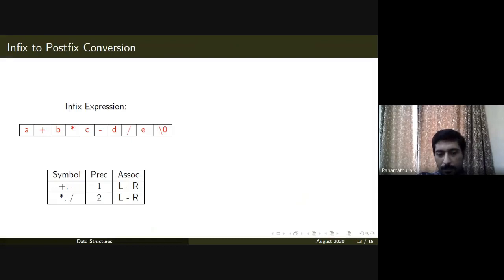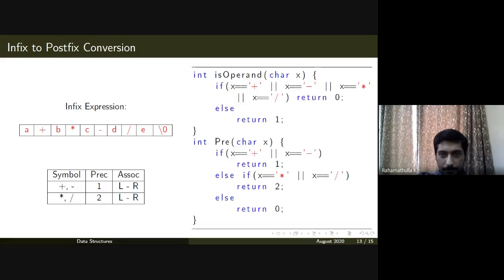Next, we'll see a very simple code for implementing infix to postfix. We need two supplementary procedures for doing this. We need to check whether the incoming character is an operator or an operand. If it is an operand, you return 1, otherwise you return 0.